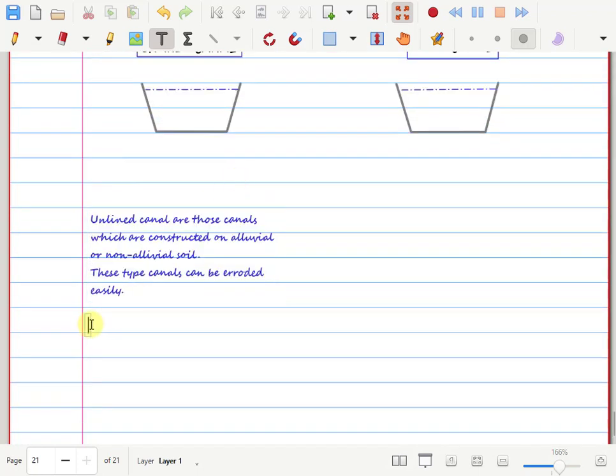Again, we have already discussed all these things, but for those who are listening to this lecture the first time, I am revising it. Alluvial soil. What is alluvial soil? Alluvial soil can be your sand, silt, or clay. Okay. And what is non-alluvial soil?